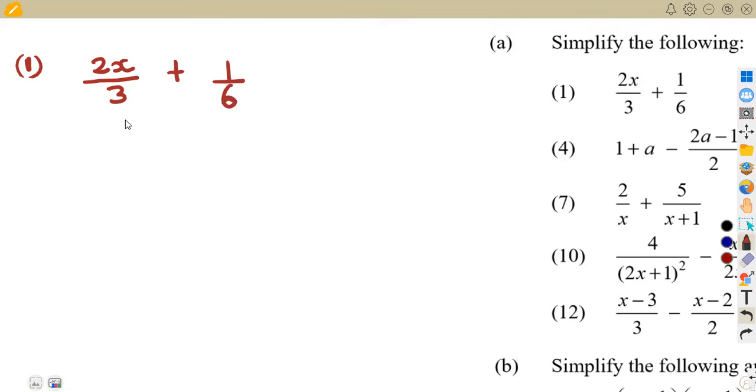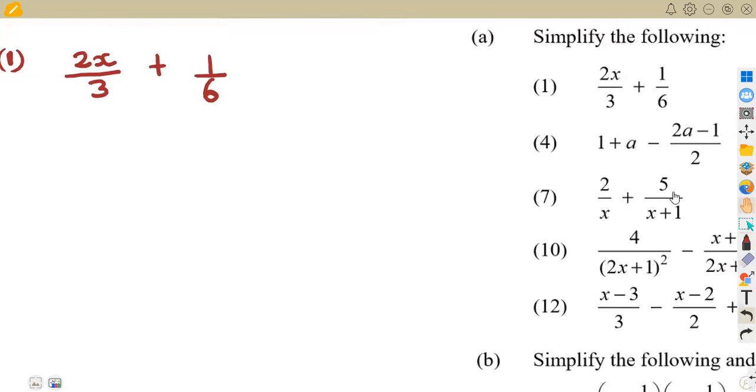The question can ask you to simplify, then you are supposed to know that I'm supposed to add. Or the question can say add the following algebraic fractions, or express your answer as a single fraction, or simplify as a single fraction in its lowest or simplest form, depending on the question, or just simplify. You are supposed to know what to do.